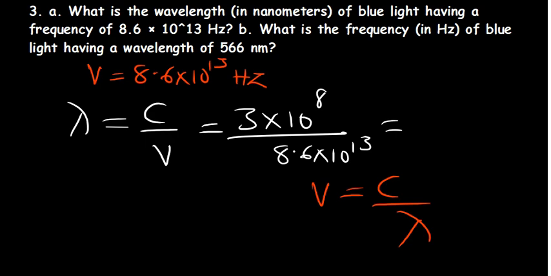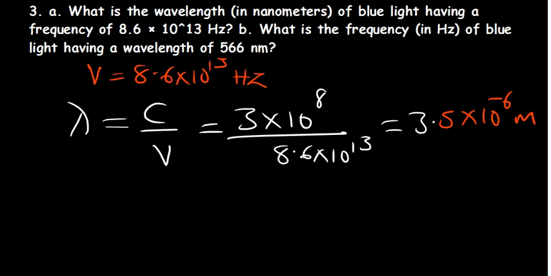My answer in scientific notation is 3.4. So I'll take it to 2 decimal places. Looking at what we have there, I'll just hit 1 decimal place. So 3.5 times 10 to the power negative 6. Negative 6 what? The units are meters. We want the answer in nanometers, so you can just multiply by 10 to the power 9.